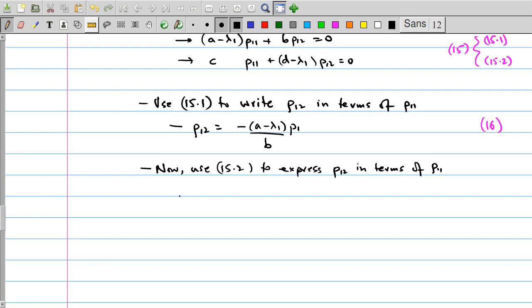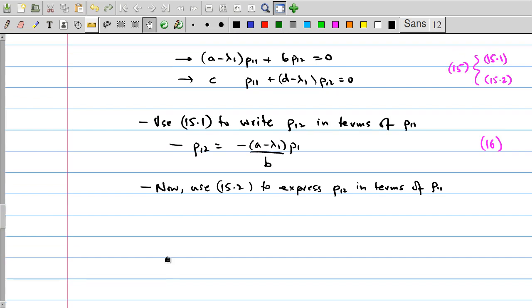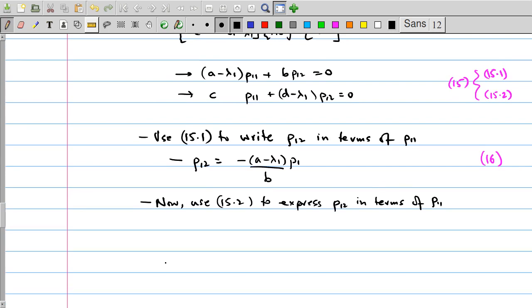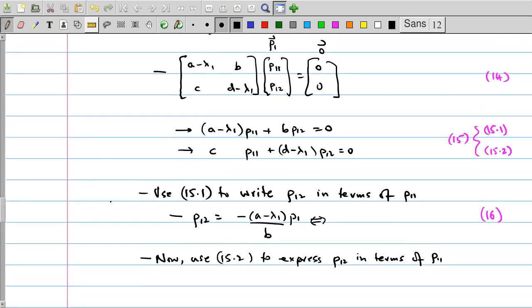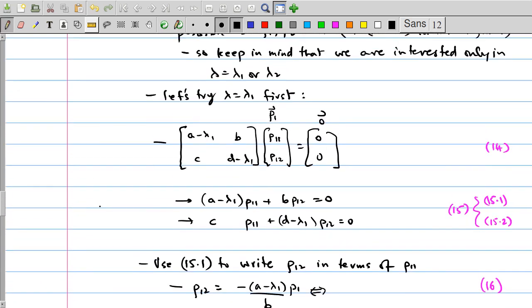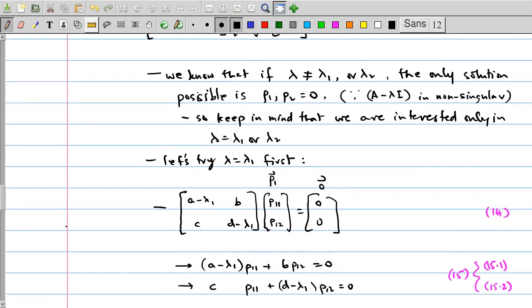Actually, instead of dividing by B, because we don't know whether B is 0 or not, I will just write that as OR. Can we divide by A minus lambda 1? Will that always be non-zero?